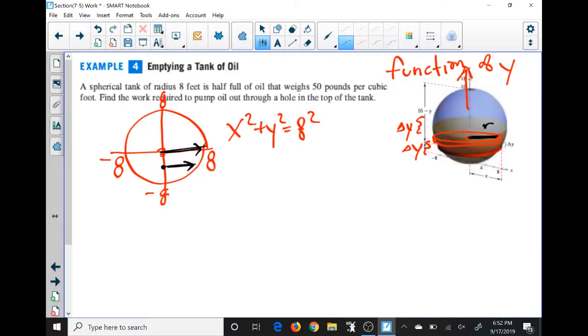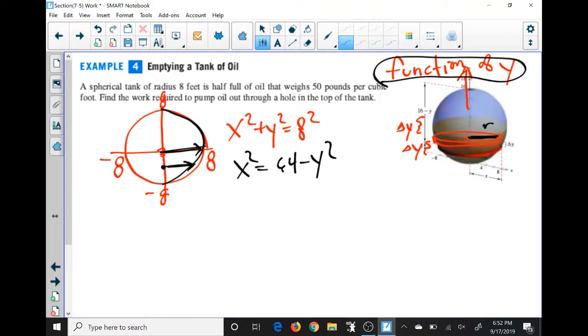So that means we want to find the equation for just the right-hand side of the circle. It has to be a function of y. So we're going to write this as x squared equals 64 minus y squared. X is equal to the square root of 64 minus y squared. We want the positive square root because we're using the right-hand side of the circle.